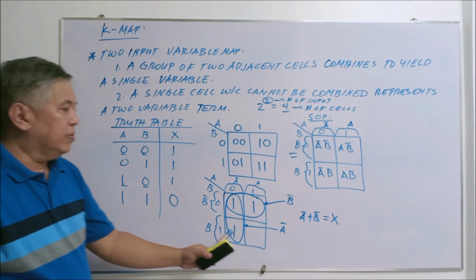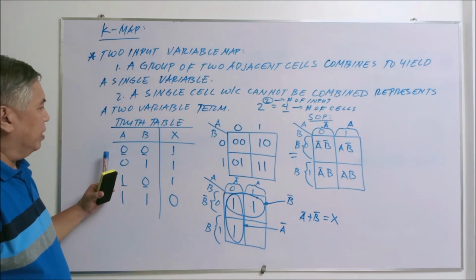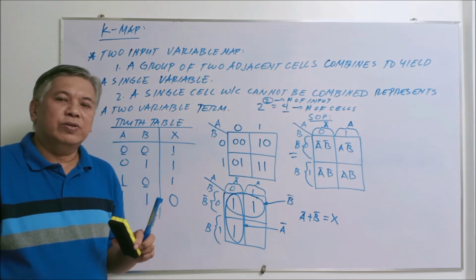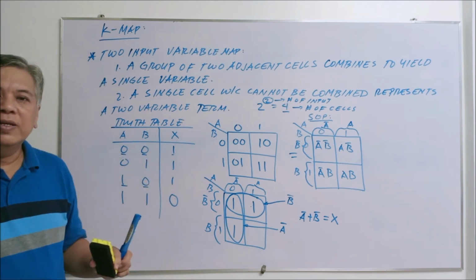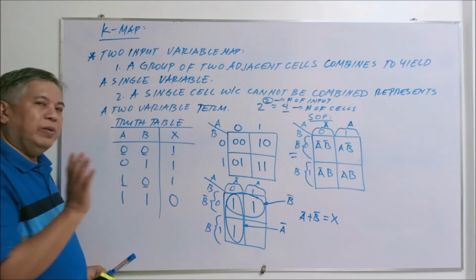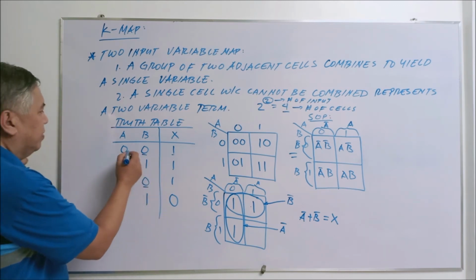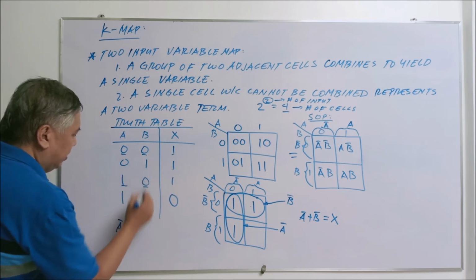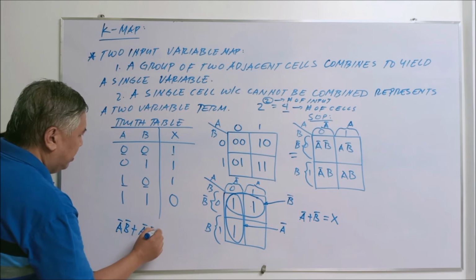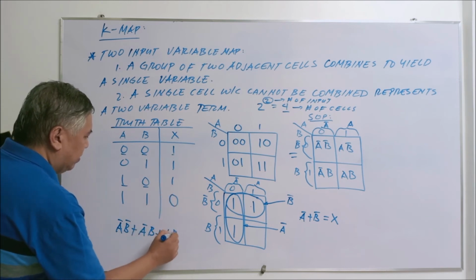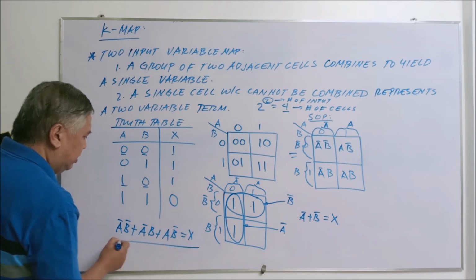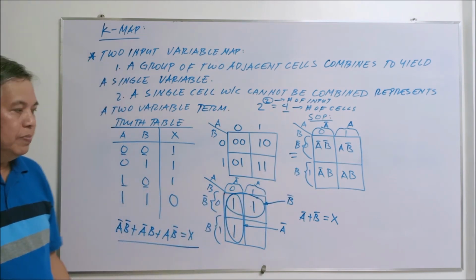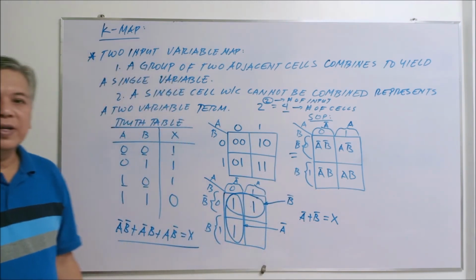Now, how do we know that this is already a simplified equation? Because if we use the sum of product expression method in deriving the logical equation from this table, you have here A bar, B bar, plus A bar, B, plus A, B bar is equal to X. This is the original equation, and once we use the K-map, this becomes its simplified equation.